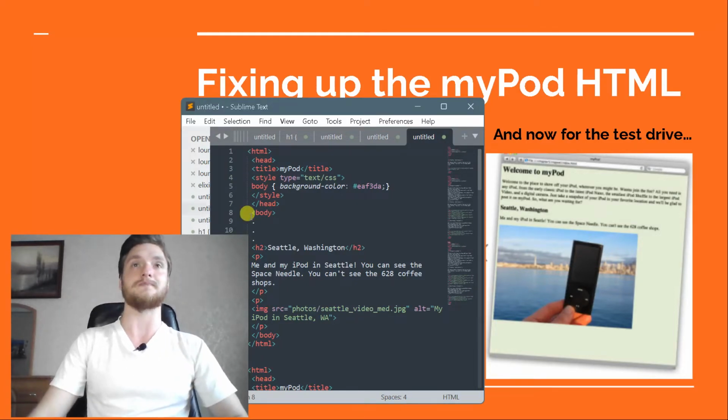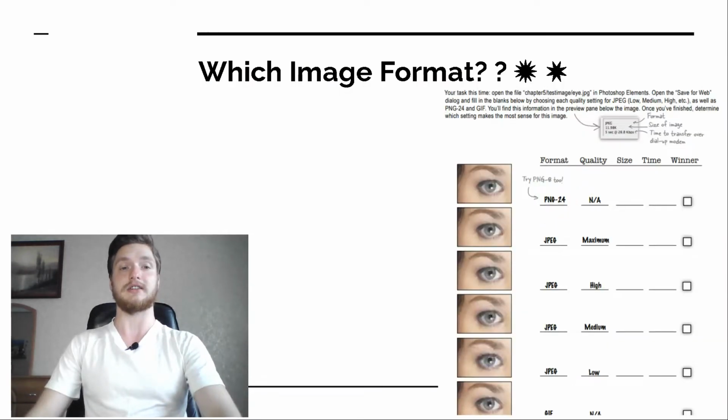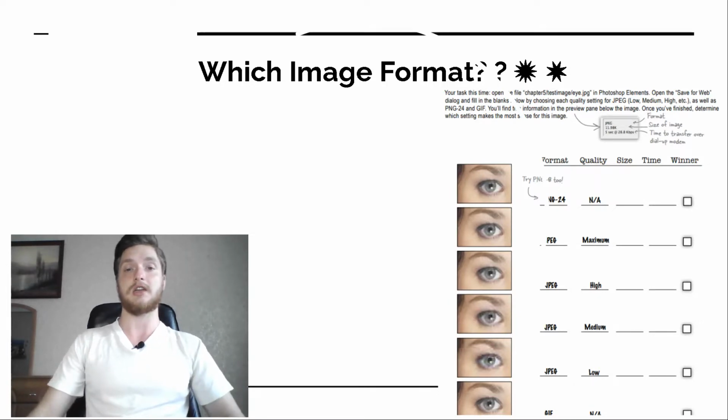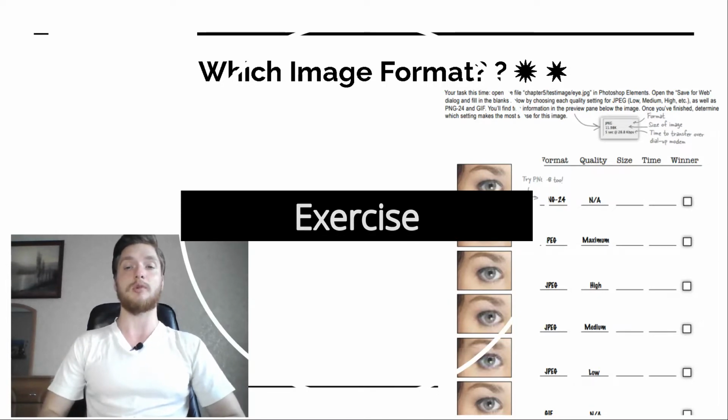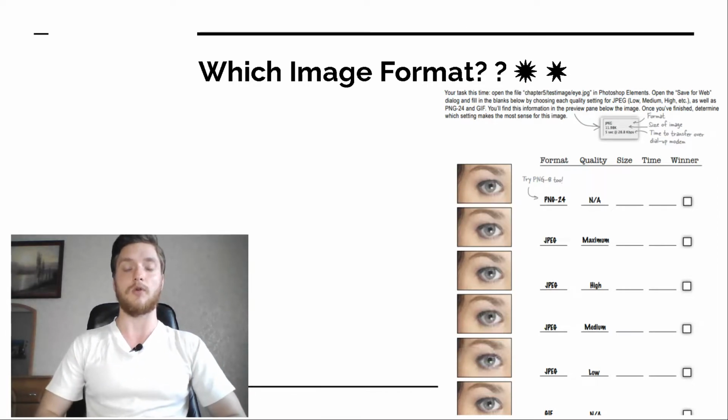Which image format? Exercise. Your task this time: open the file chapter 5 test image JPEG in Photoshop Elements. Open the Save for Web dialog and fill in the blanks below by choosing each quality setting for JPEG, low, medium, high, etc., as well as PNG-24 and GIF.